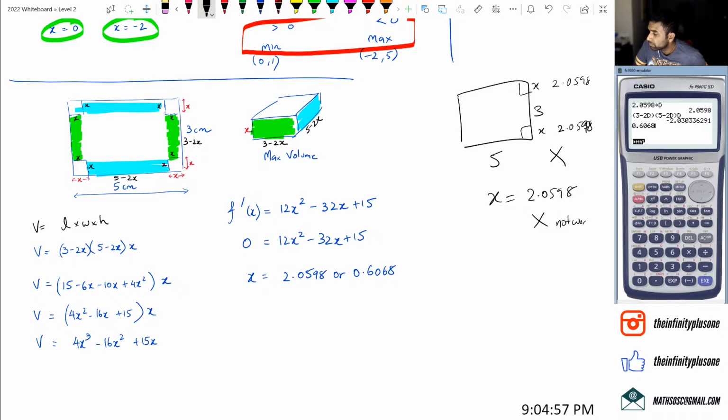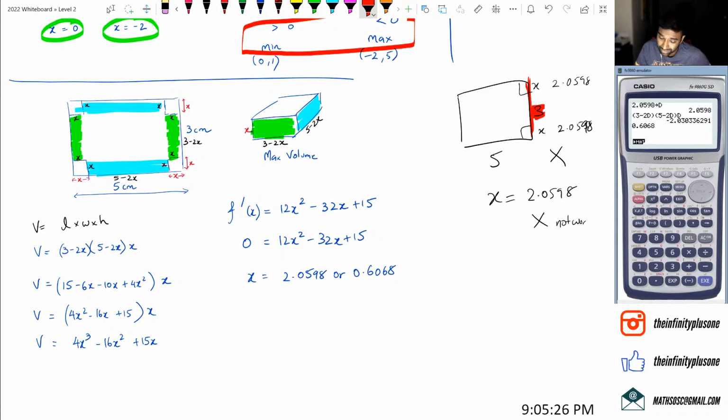Now they'll have the same y value, but you have to understand x can't be 2.0598, because the maximum x can be is only 1.5. After 1.5 you're cutting the cardboard, it's going to fold. You're not going to have that little flap. This entire length is actually worth 3.